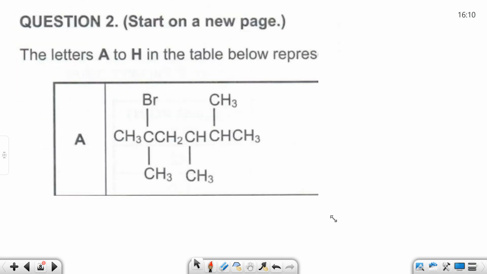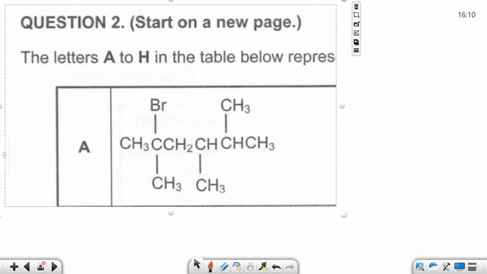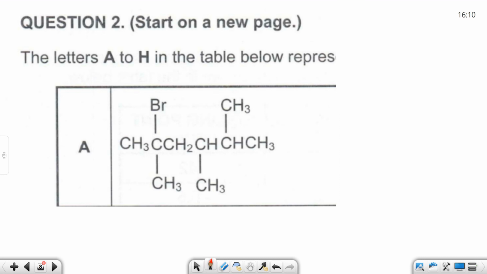Right? So check this. If we were to label this now, we said this is 6. But check this one. If I start from here, this one is on carbon number 2. And this one is also on carbon number 2.